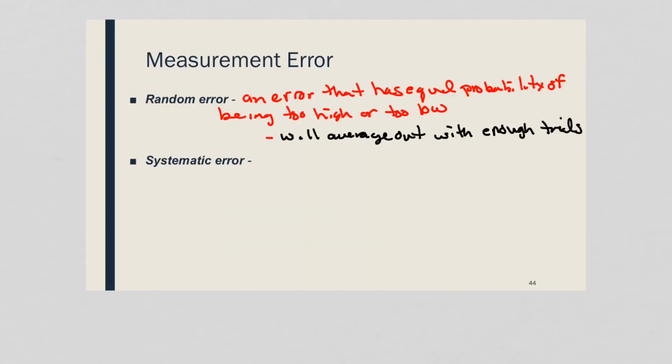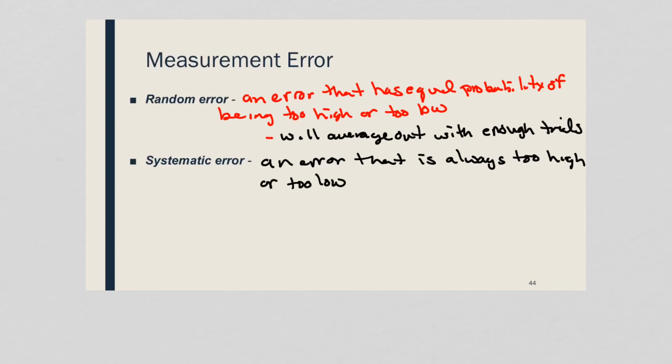So, systematic error is an error that is always too high or too low.